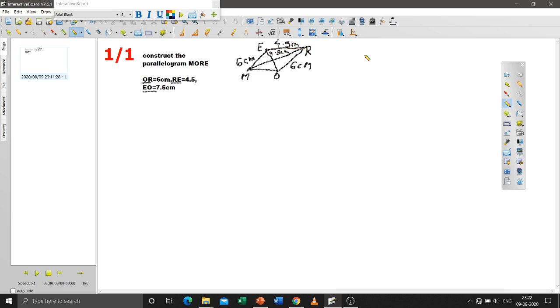So we want to construct this once again. We can construct EO. This is 7.5 centimeter. Now OR.